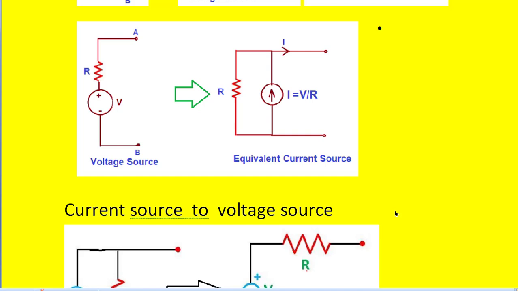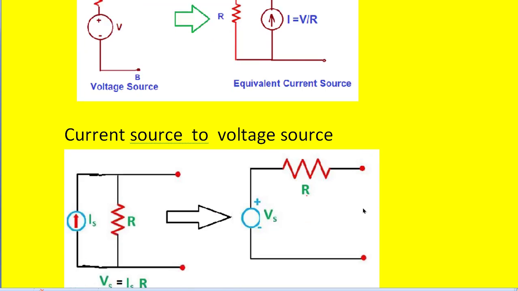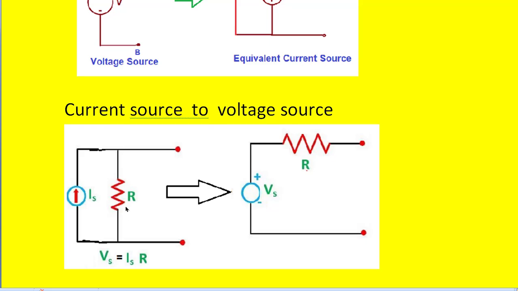Next, coming to the current source to voltage source conversion. Given the current source, this is the symbol for the current source. We have the current value Is here, and in parallel with that there is an internal resistance, capital R. To get its equivalent voltage source, first multiply Is with R, then we get the equivalent voltage source value, that is Is times R, which we can draw like this, plus here, minus here.